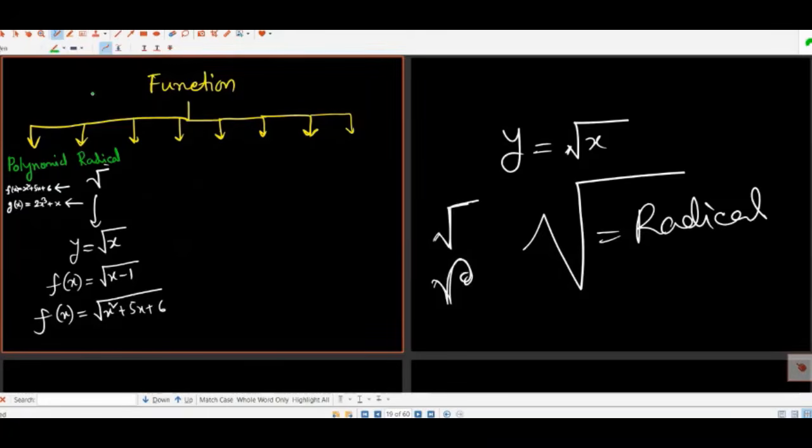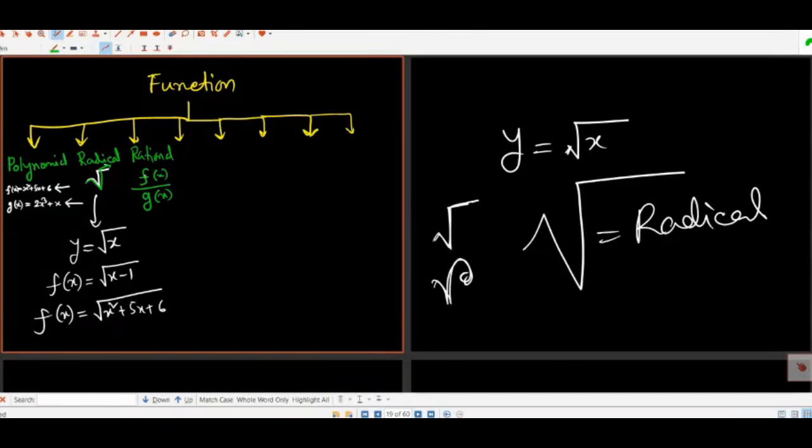Let's talk about the third classification of function. It is rational function. So what is rational function? Rational functions are the functions where we have f of x over g of x type form.